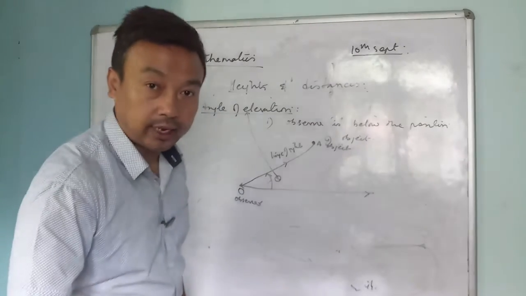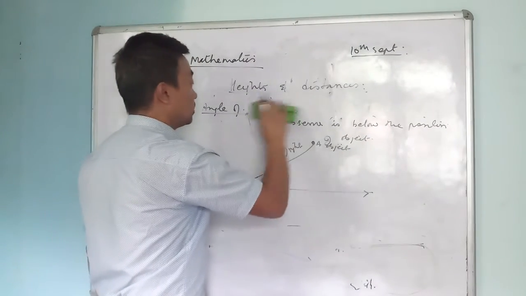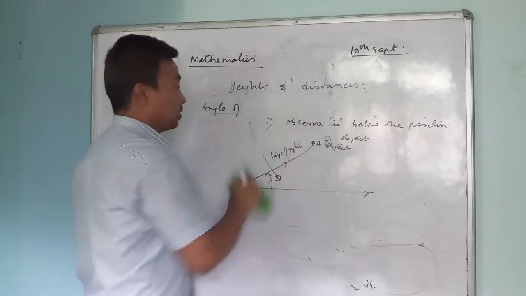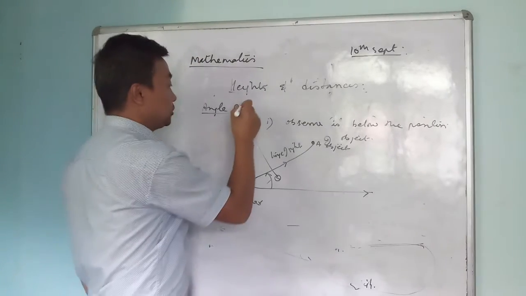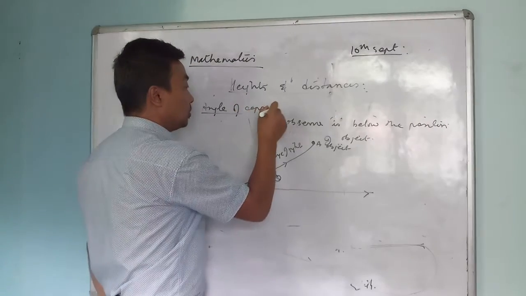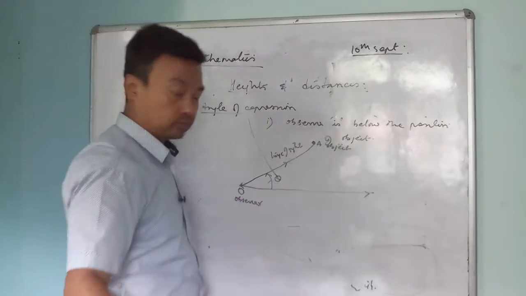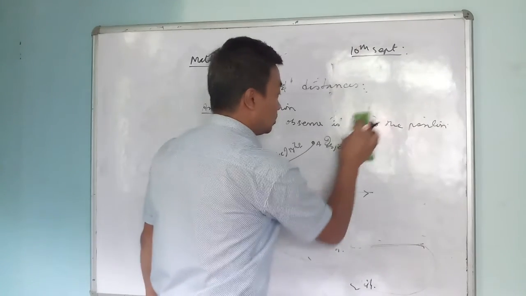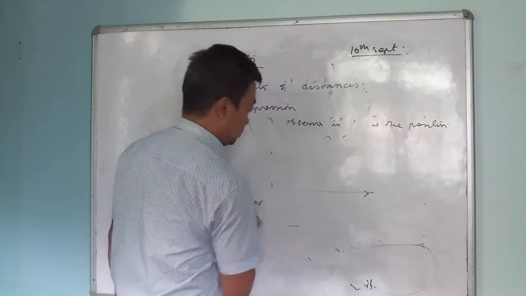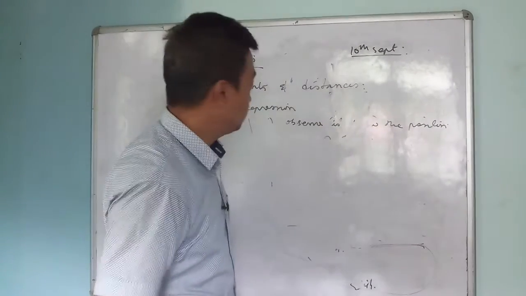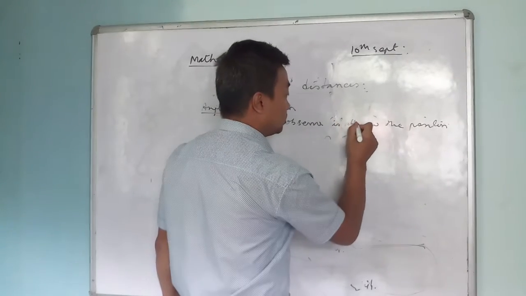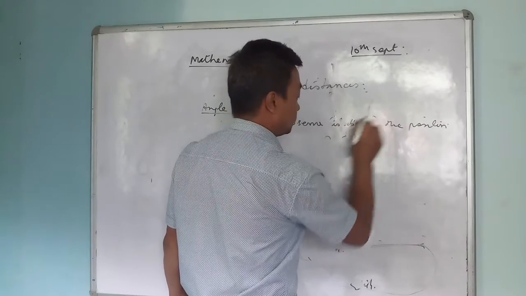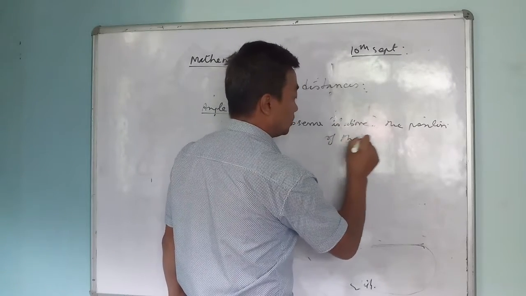Similarly, you have the angle of depression. Depression means looking down. In the angle of depression, the observer is above the position of the object.